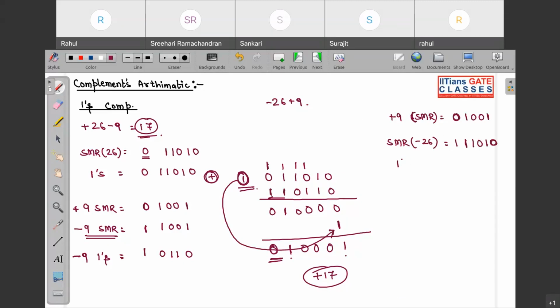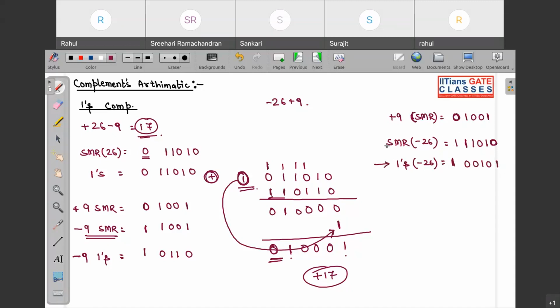Now if I want to represent ones complement of minus 26, keep the sign bit intact, and remaining all the magnitude bits you need to complement one by one. So 0 0 1 0 1. So this is your minus 26 in ones complement.